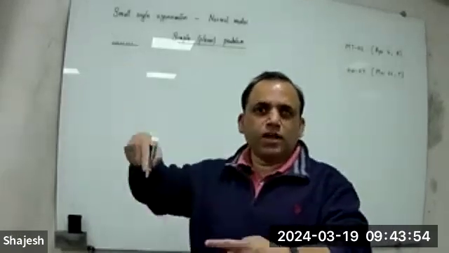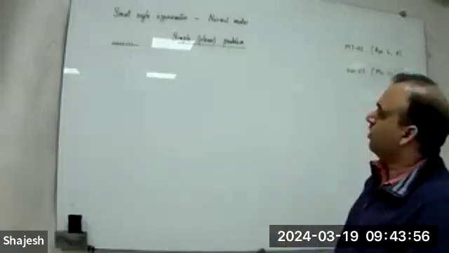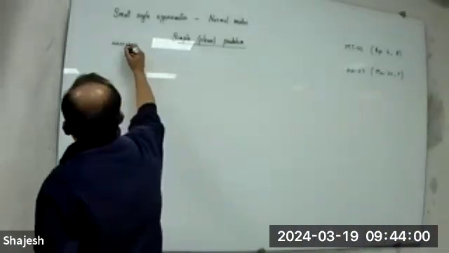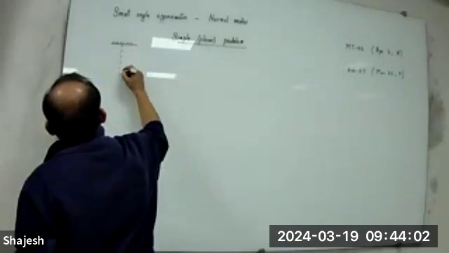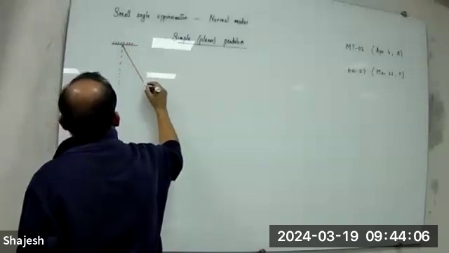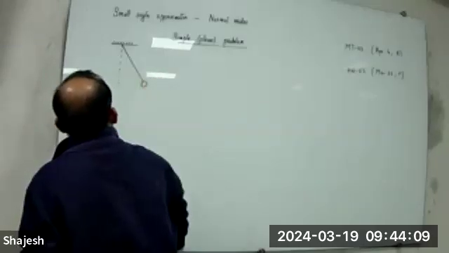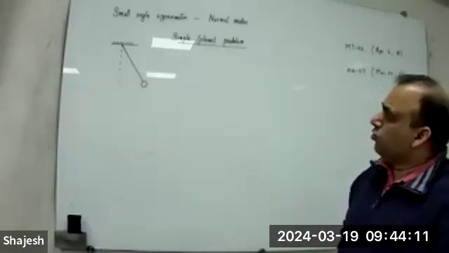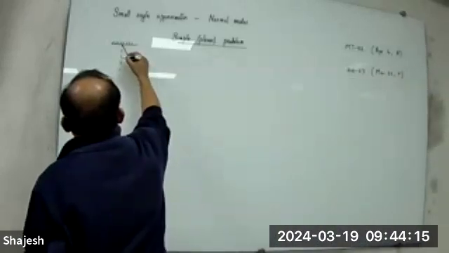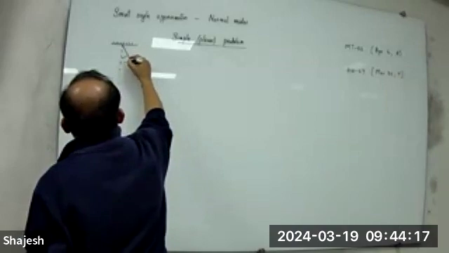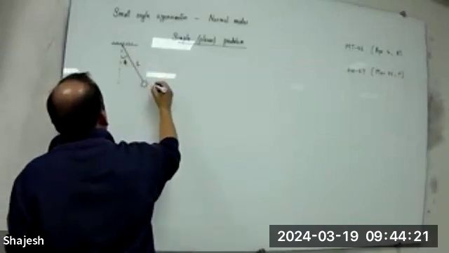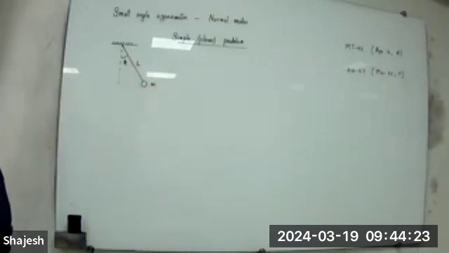It stays in the plane, from the equilibrium line. We pull it apart, let it go, and the equations can be written in terms of the angle phi. Let's say this is L, and that's your mass M.